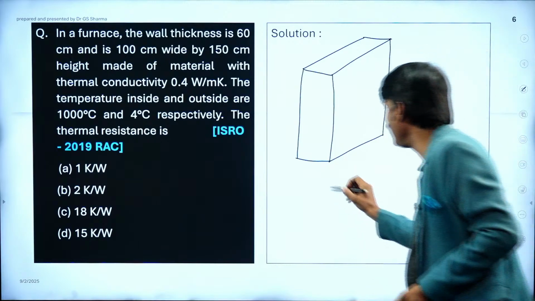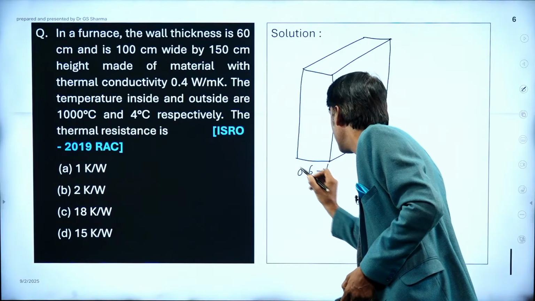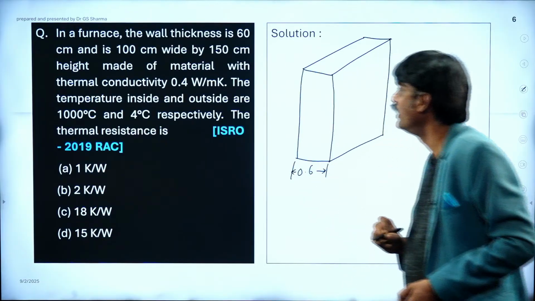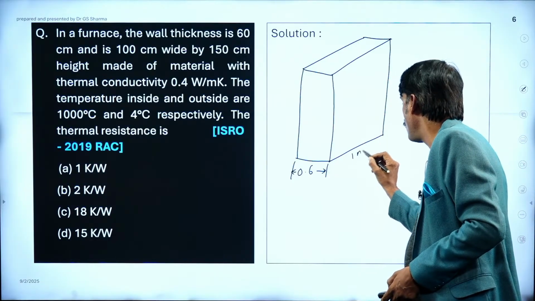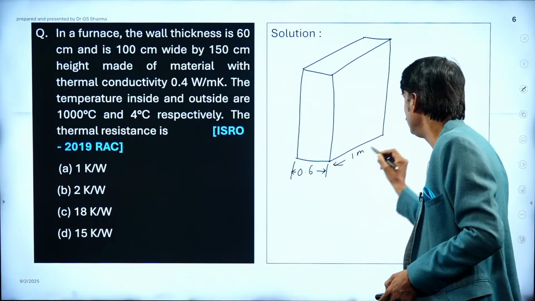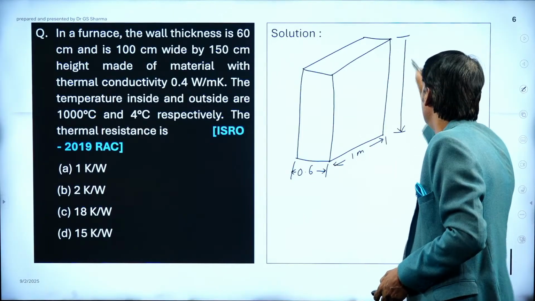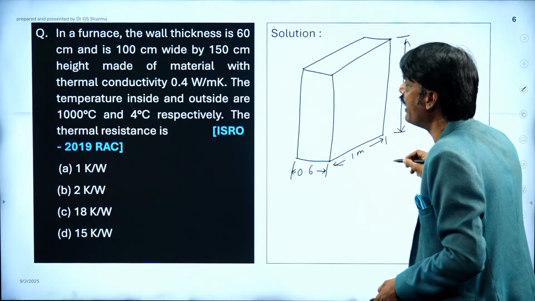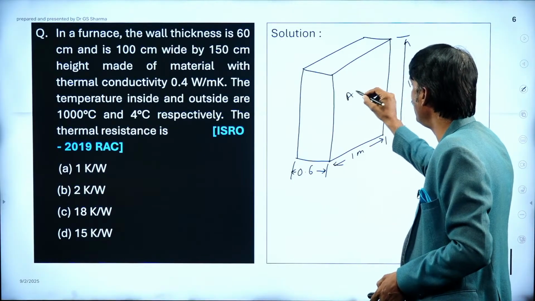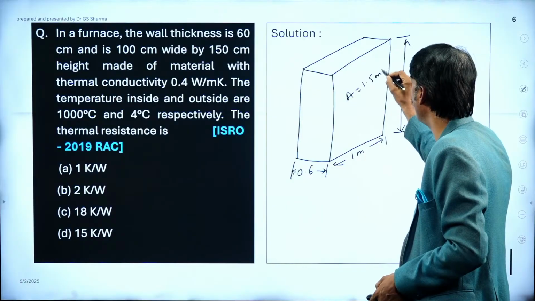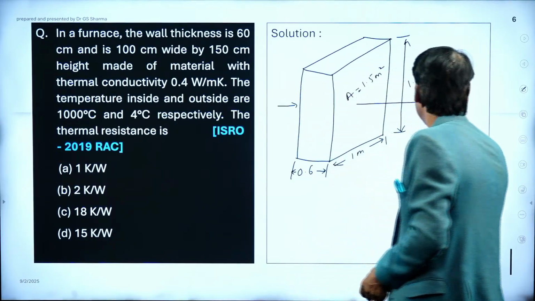So the wall thickness is 0.6, the width is 1 meter, and the height is 150 centimeters, which is 1.5 meters. So I am getting an area of 1.5 meters square, and the heat is flowing across the boundary in one dimension.